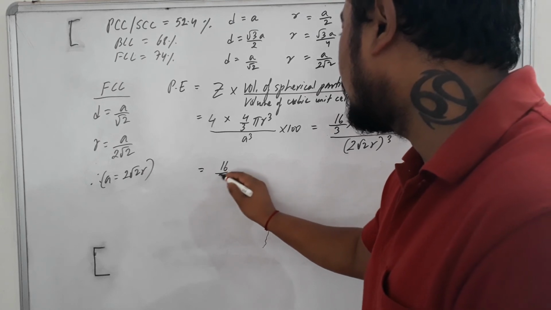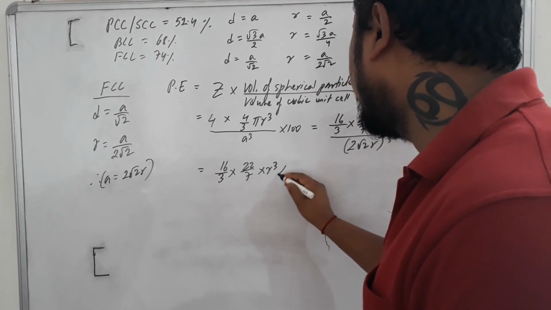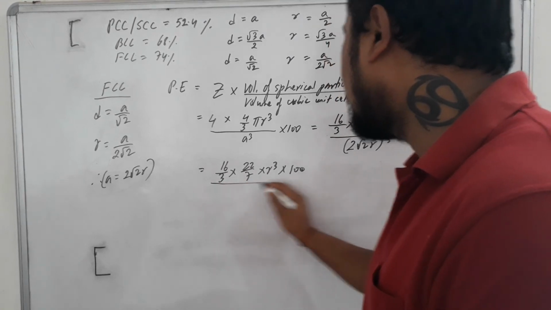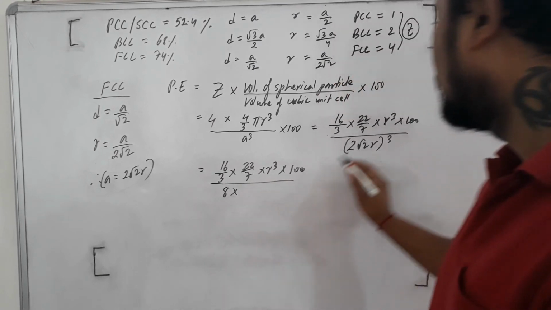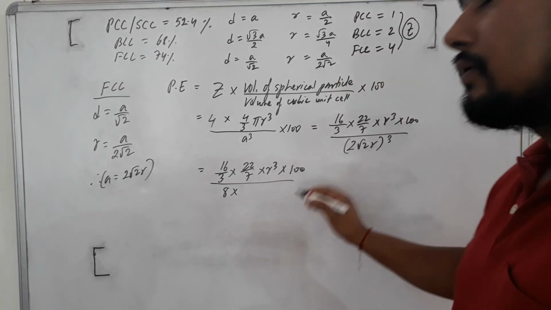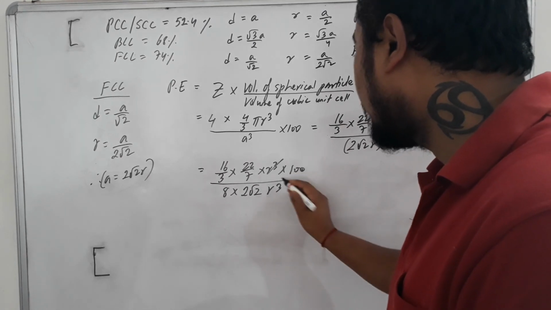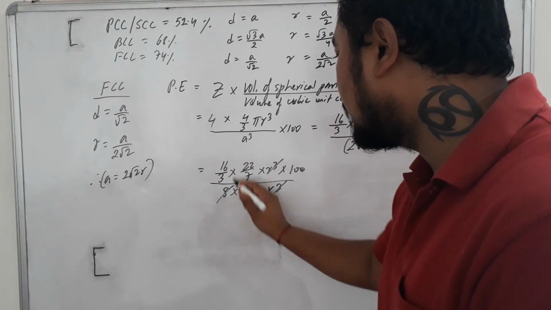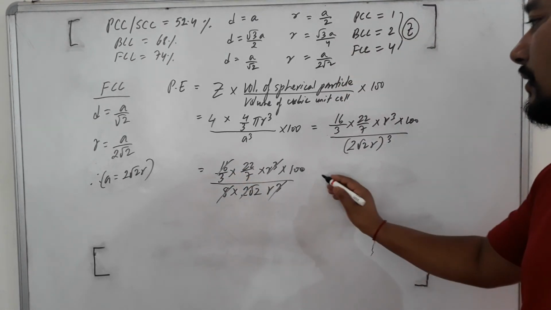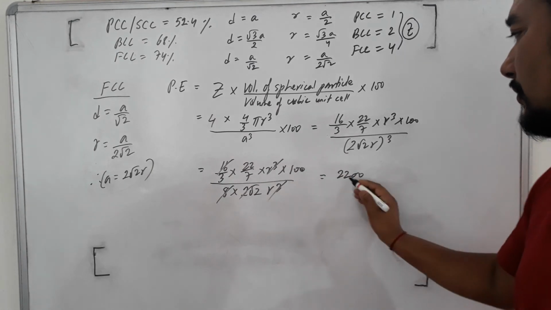So it will get 16 upon 3, 22 upon 7 into r cube into 100 divided by 2 cube means 2 into 2 into 2, which will give you 8. Root 2 cube is root 2 into root 2 into root 2, which will give you 2 root 2 r cube. So again r cube and r cube will get cancelled, students. 8 2s are 16 will get cancelled. So what remains up is 2200. 22 into 100 is 2200.